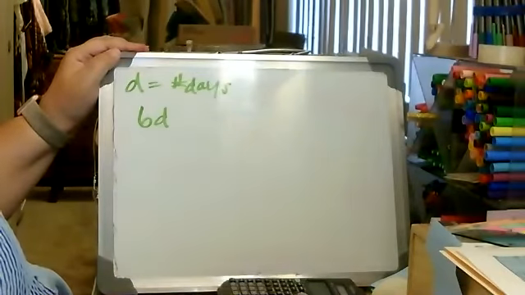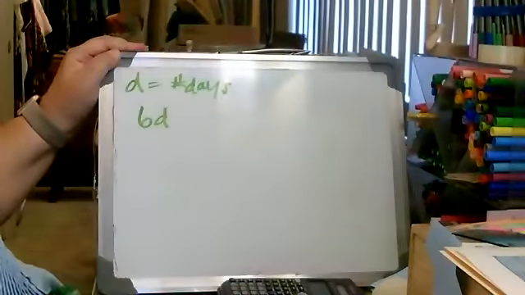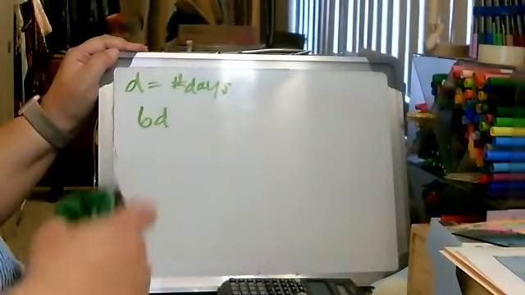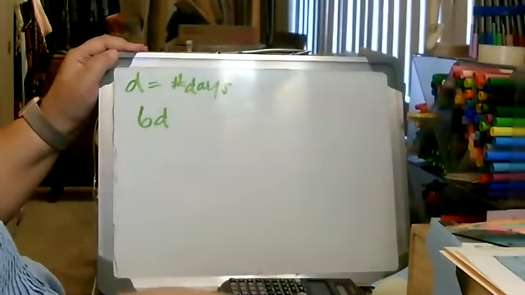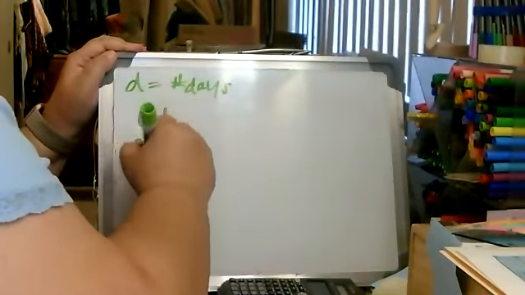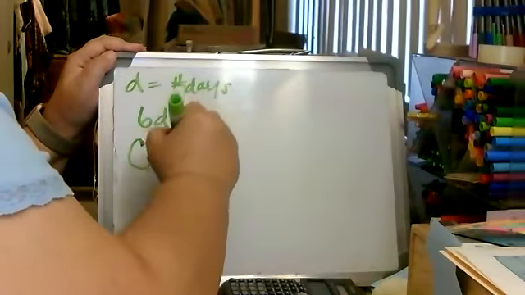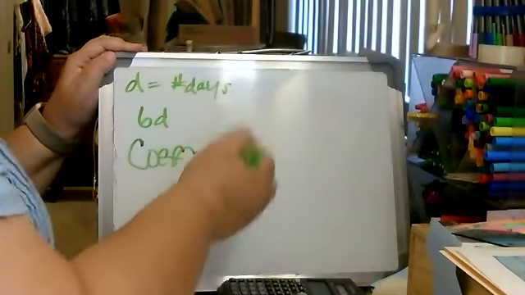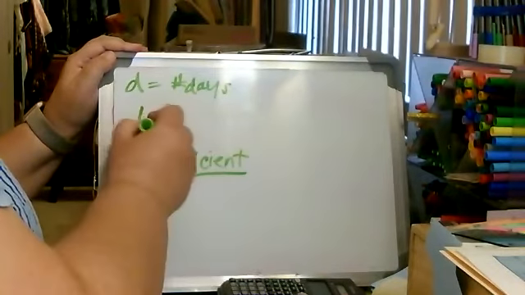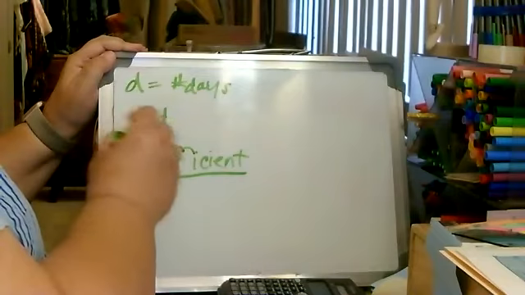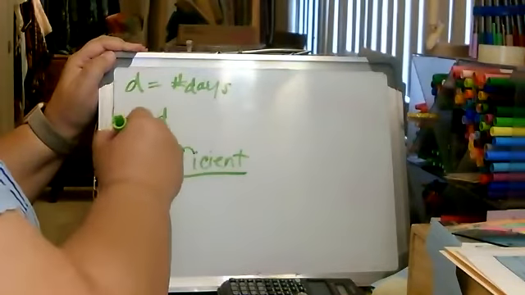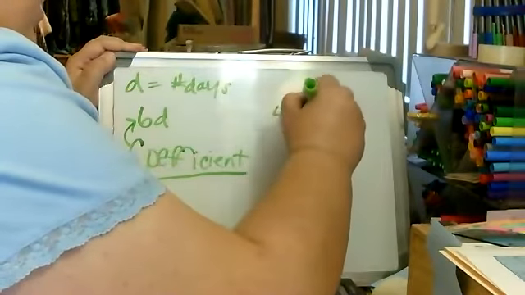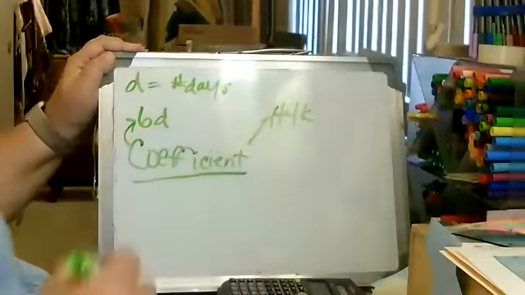When a number is attached to a variable, like 6D, you multiply that number and the variable. Any number that is used to multiply a variable, in this case 6, is called a coefficient. So in the case of 44K, the coefficient was 44.